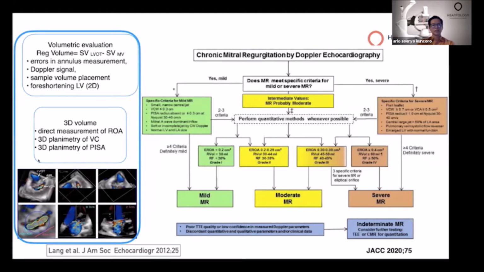And this is on the left side here. I just want to show you that recent developments suggest echo is able to quantify mitral regurgitation in more detail using 3D modalities, where it is able to classify the severity of mitral regurgitation in more detail.